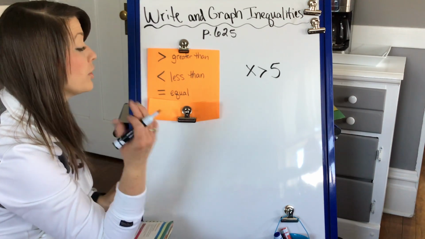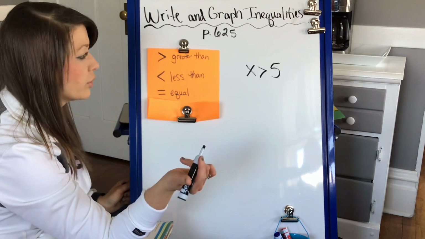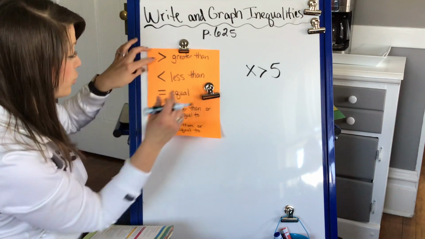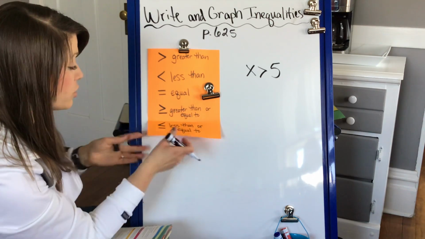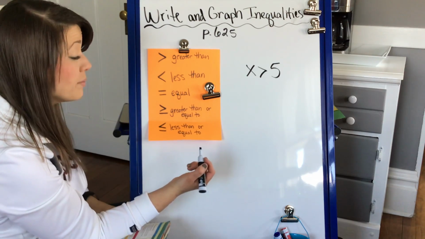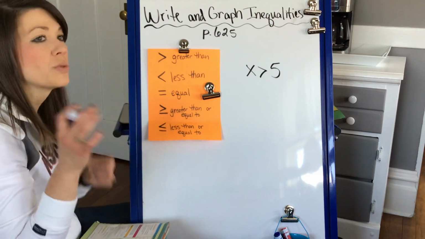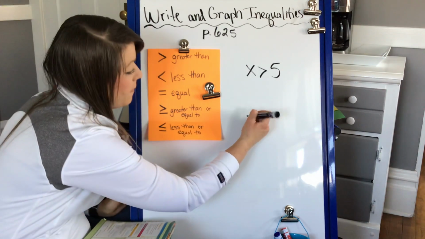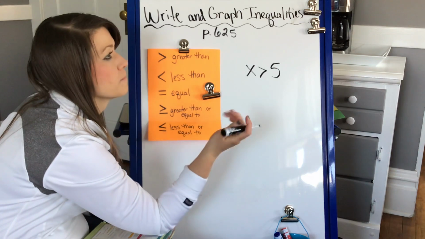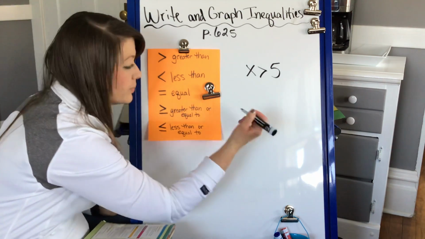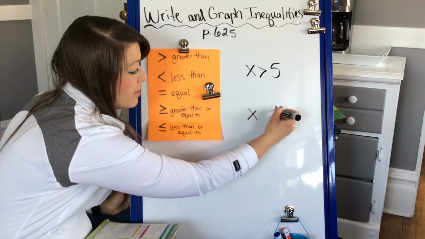But there are 2 more symbols that you're going to use. You have your greater than, less than, equal, which you're used to. The 2 new ones are greater than or equal to, which means it could also equal that number. Let's say I ate 4 or more pieces of pizza. So let's say it'd be x and I have 4.